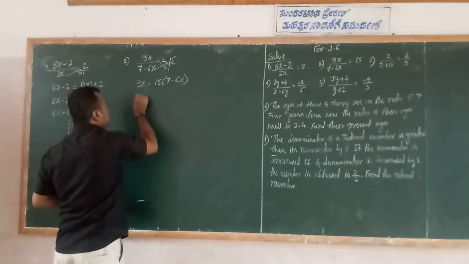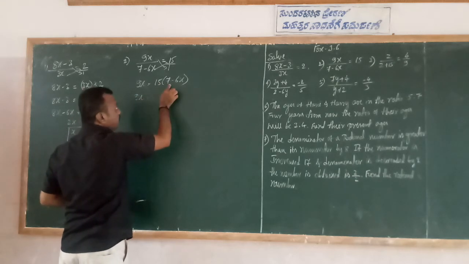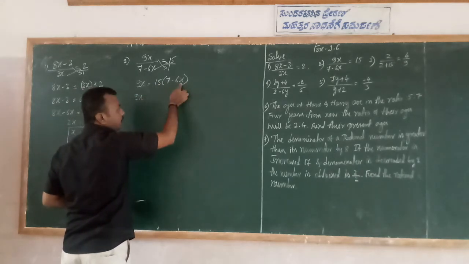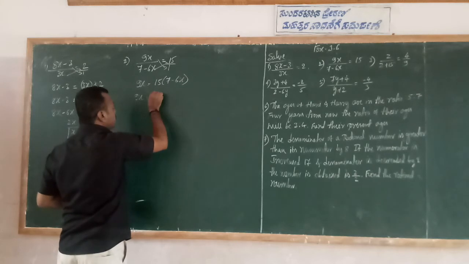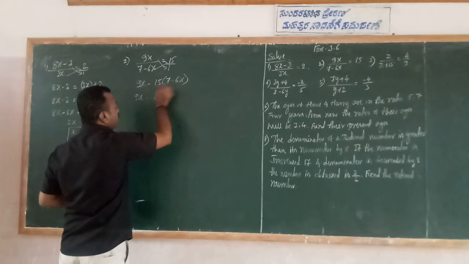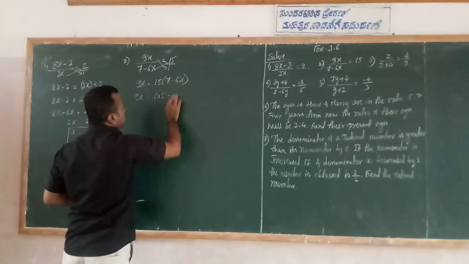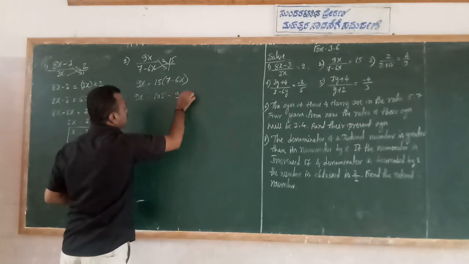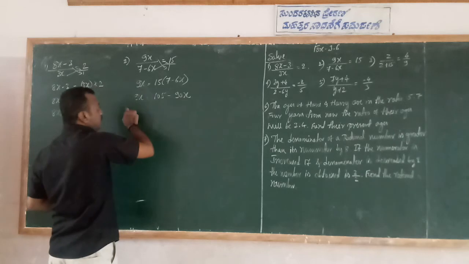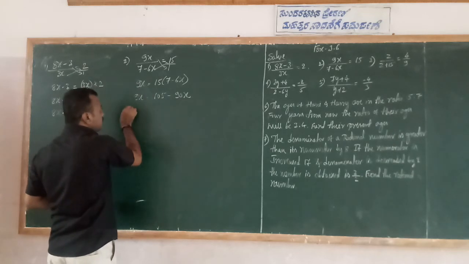9x is written as it is. 15 is multiplied by 7 and by 6x. 15 sevens are 105. Plus into minus is minus, 15 sixes are 90x. So 9x = 105 - 90x. Minus 90x goes to the other side and becomes plus 90x.